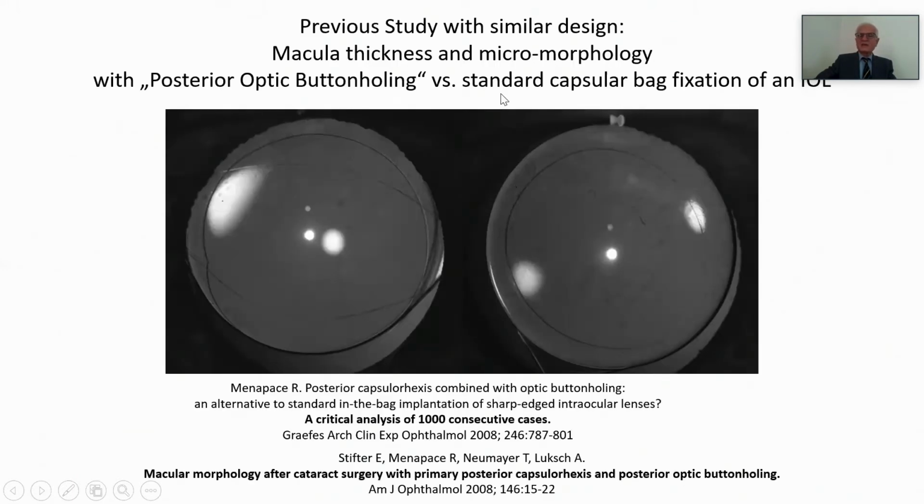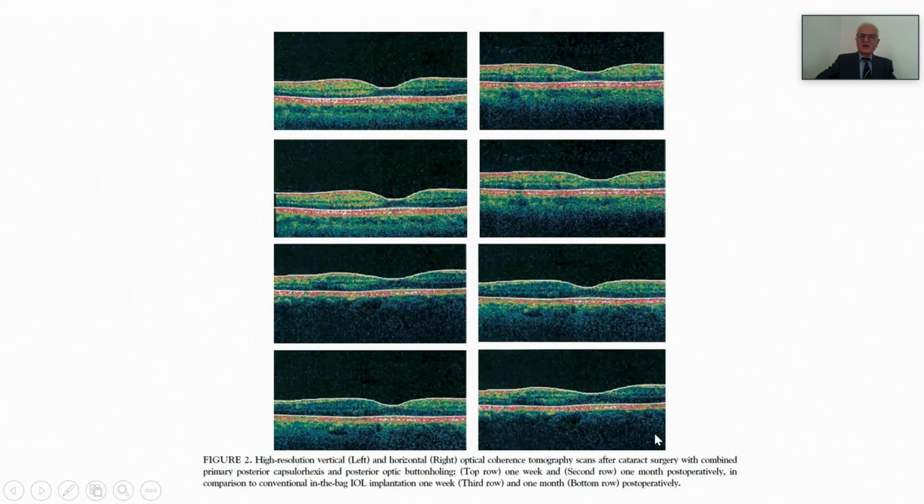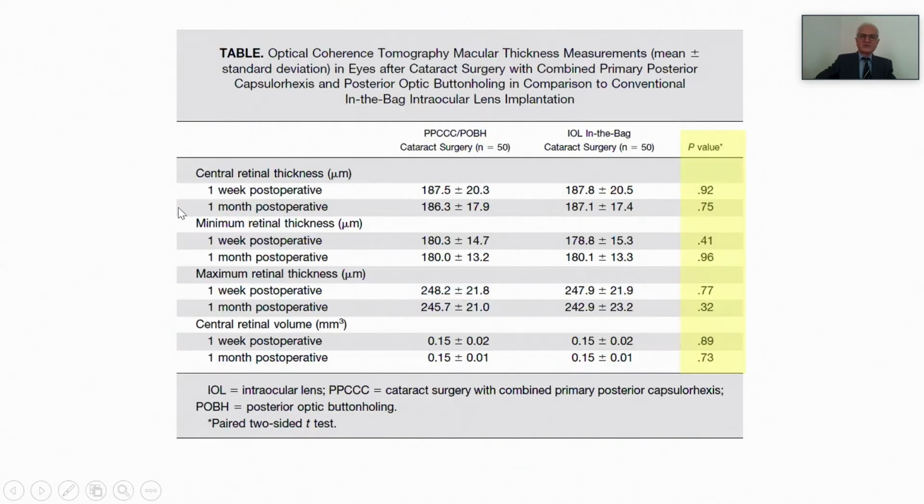We had a similar study design years ago when we compared posterior optic buttonholing to standard capsular bag fixation of intraocular lenses. And this showed, you can see at that time, the high-resolution OCT imaging showed there was no difference between the two eyes. And you can also see that the increase in retinal thickness was not statistically significantly different in both groups.